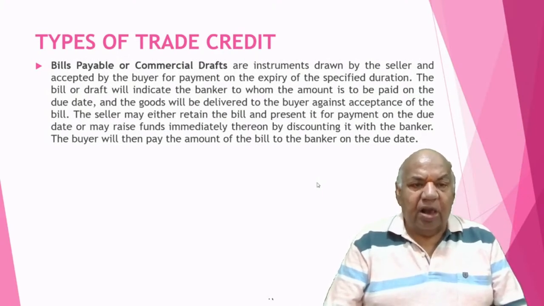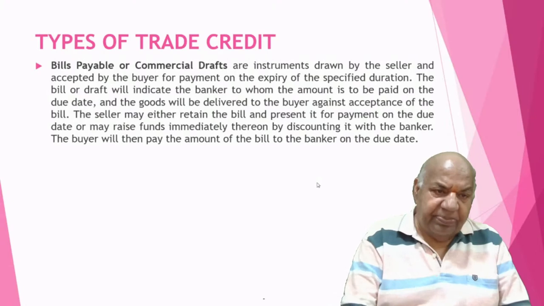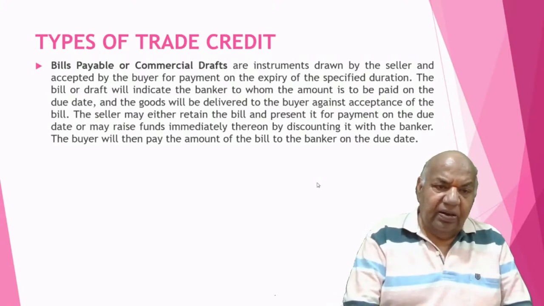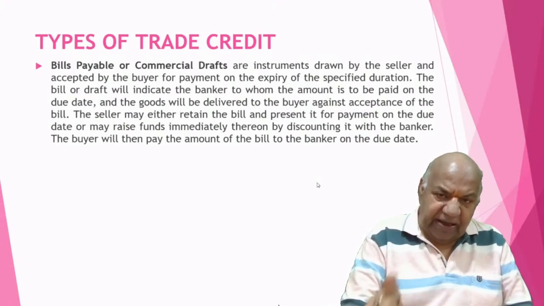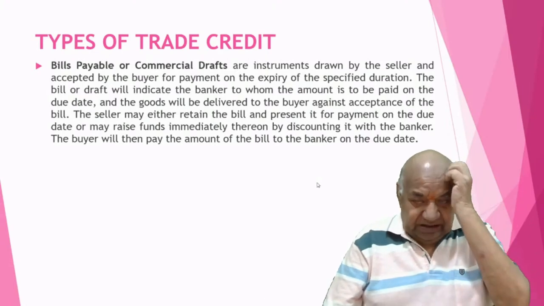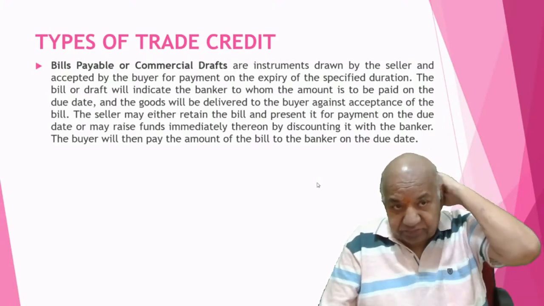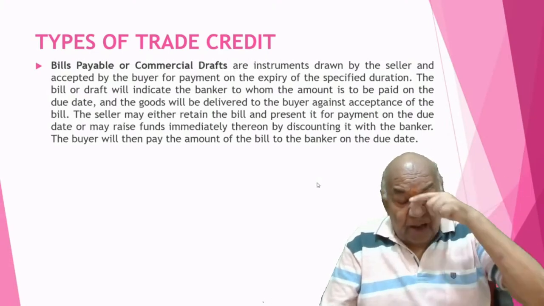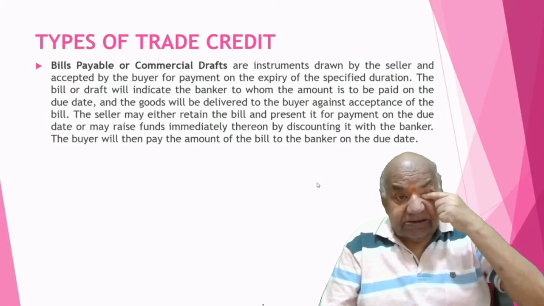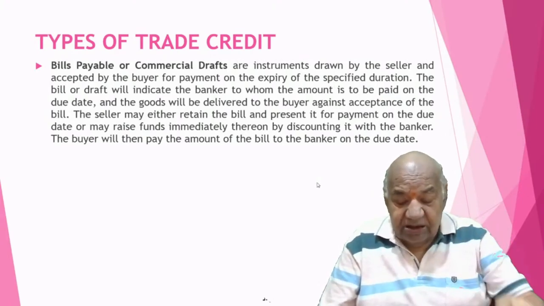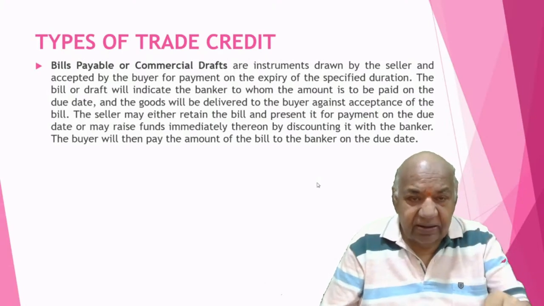Bills payable or commercial drafts are instruments drawn by the seller and accepted by the buyer for payment on the expiry of a specified duration. In case of promissory notes, as we have discussed, it was written by the buyer.